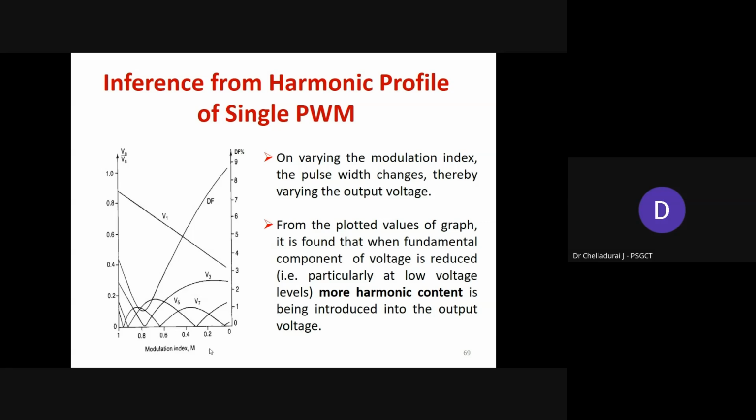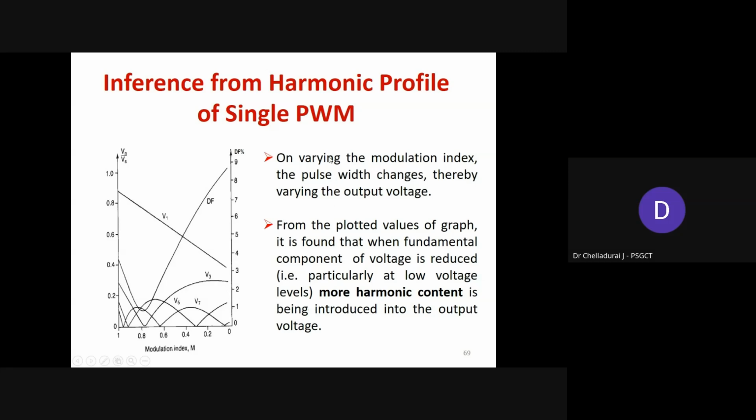Modulation index is nothing but the ratio of the reference voltage, or modulating signal, with respect to the carrier, that is, V reference divided by V carrier. By varying the modulation index, each harmonic component will change.